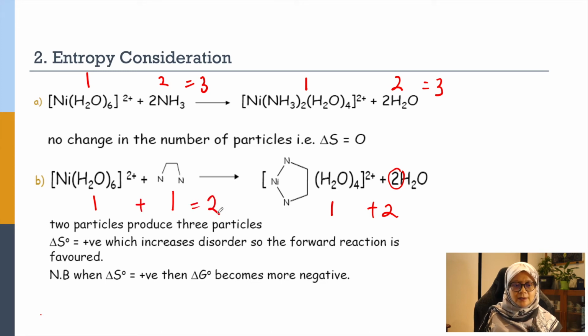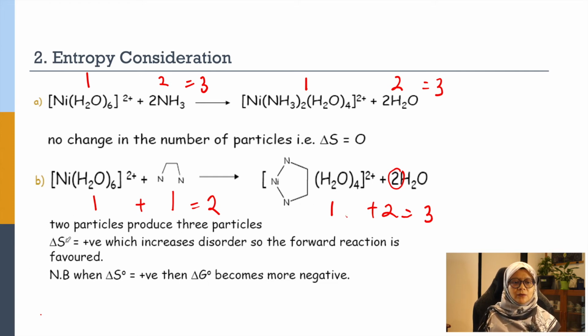So the reactants are actually 2 and the products are actually 3. So we have an increasing number of the products. So 2 particles produce 3 particles.